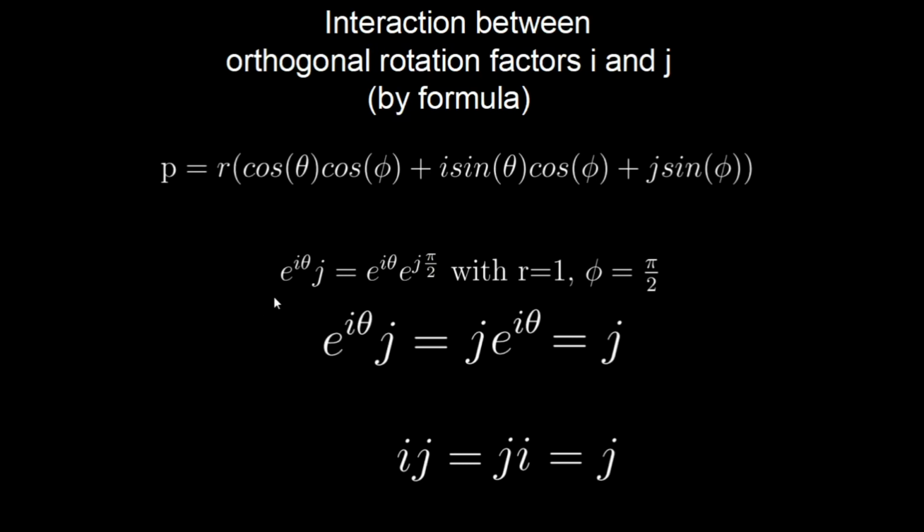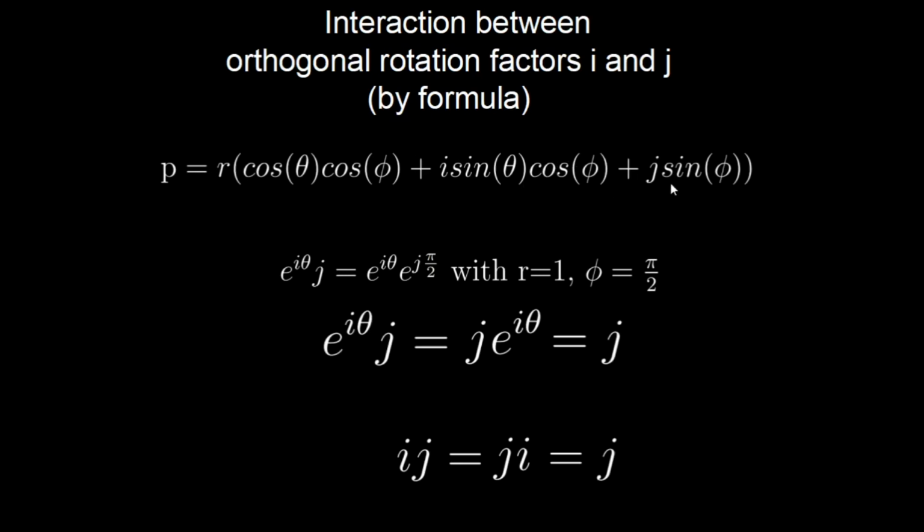For the position number e to the power I theta, J equals this. The magnitude of the position number is 1 and the angle phi is half pi. In the transformation formula, cosine half pi is 0 and these two terms are 0.